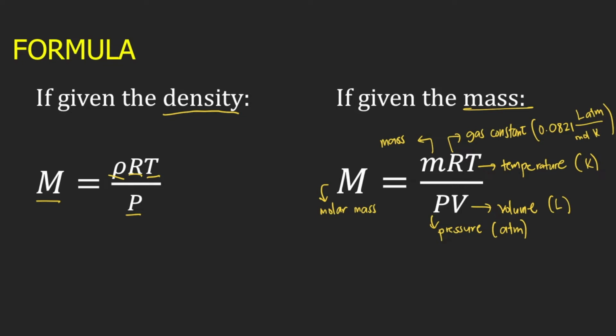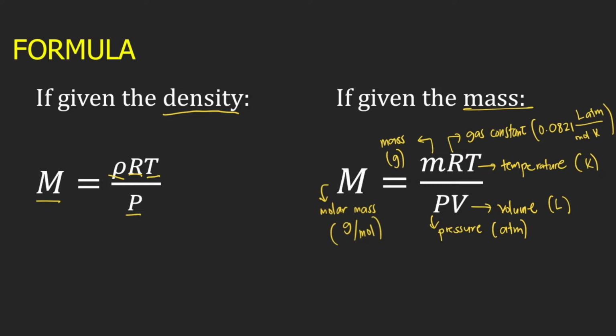Of course, the unit of mass is grams. So if you cancel the units in the formula, what is left is grams per mole. So the unit for molar mass is grams per mole.